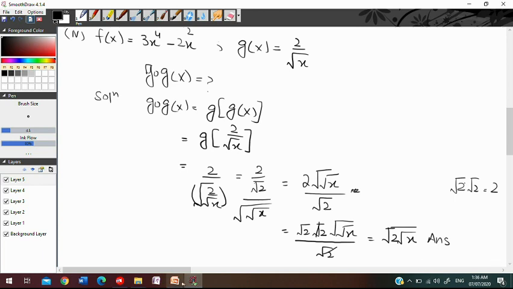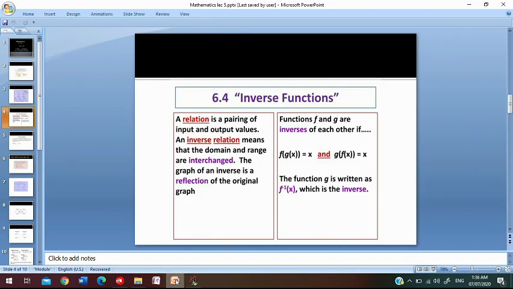The second topic of today's lecture is inverse function. Inverse function is a relation. What is a relation? A relation is a pairing of input and output values. Similarly, an inverse relation means that the domain and range are interchanged.